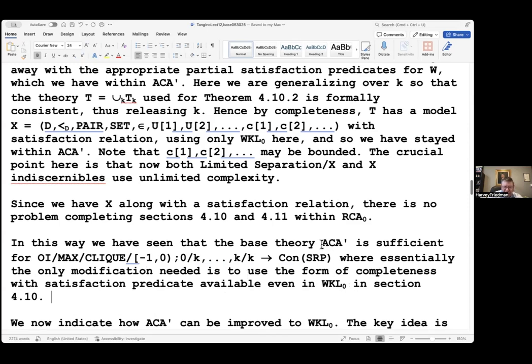So with that modification at the end of this, we see that ACA naught is enough for the reversal. Here's the reversal statement, of course. That's the reversal. All right.